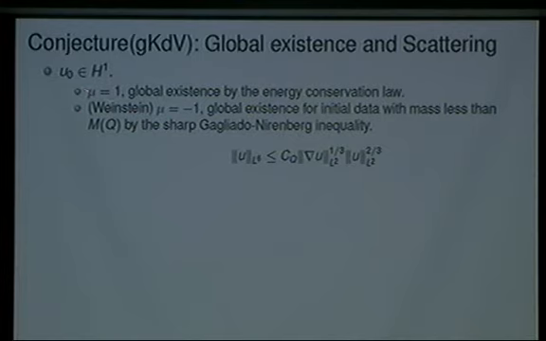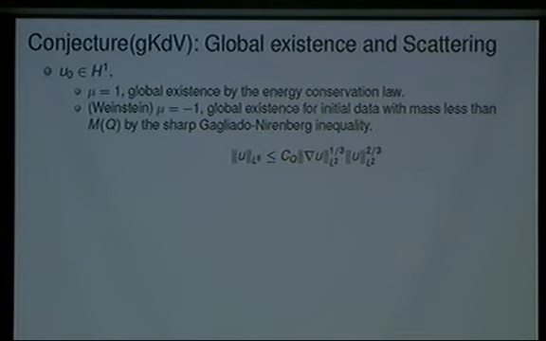When mu is 1, the defocusing case, we don't have any soliton solution and the energy is positive definite. If the data is in H1, then the energy conservation immediately implies global existence, because the energy is positive definite and conserved for all time.